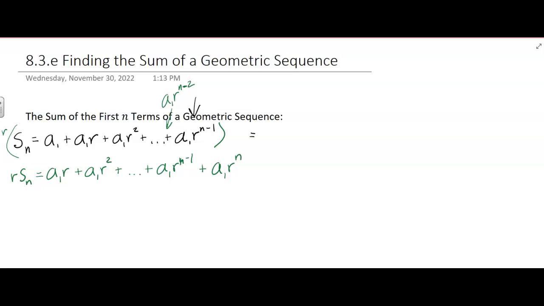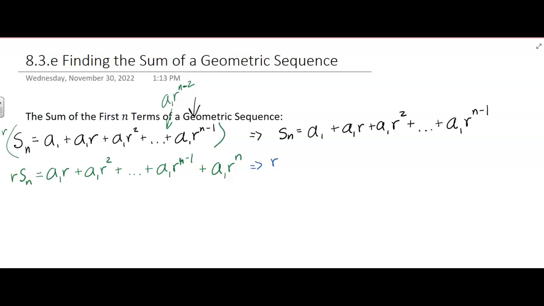Now if I rewrite these, s sub n equals a sub 1 plus a sub 1 r plus a sub 1 r squared plus dot, dot, dot. And then I'm going to put in plus a sub 1 r to the n minus 1. Okay, now look at that green one. I don't know if it looks green to you, but hopefully.